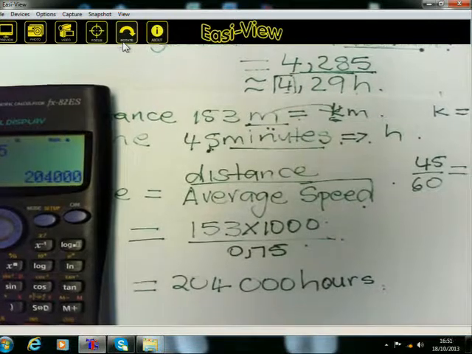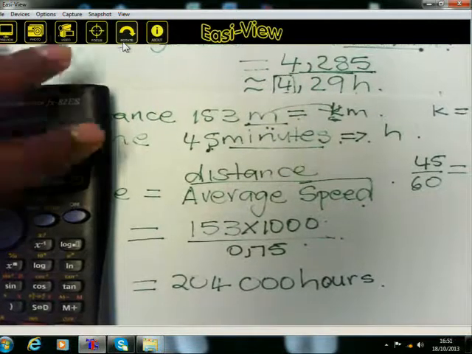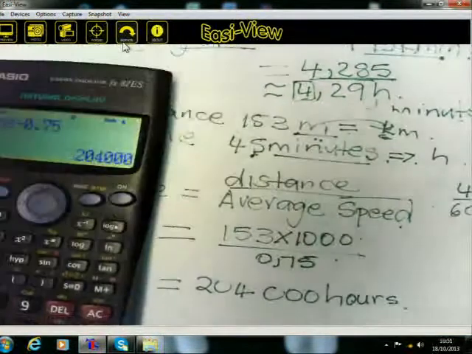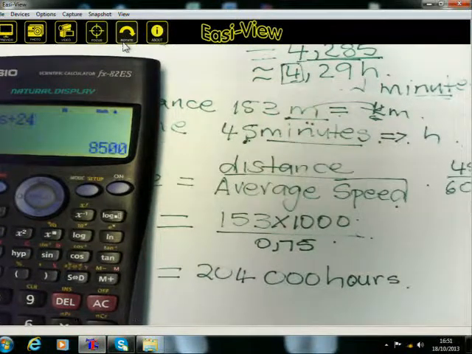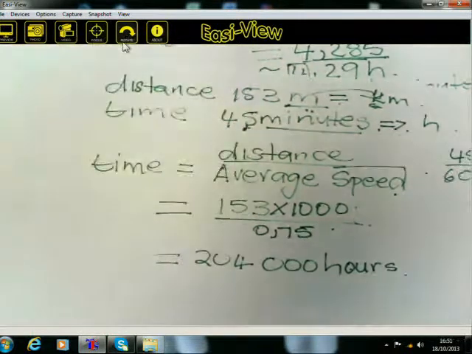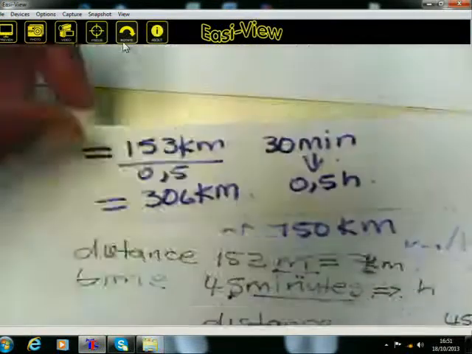Which means Mr. Coetzee has traveled for more than, let's say, divide by 24, more than 8,500 days, which means he has traveled more than 10 years.